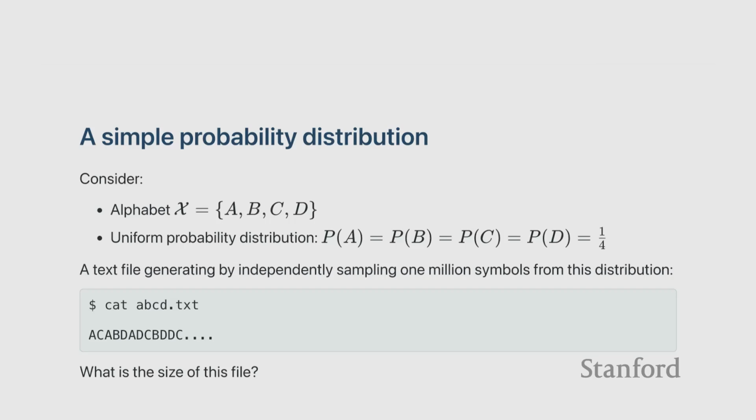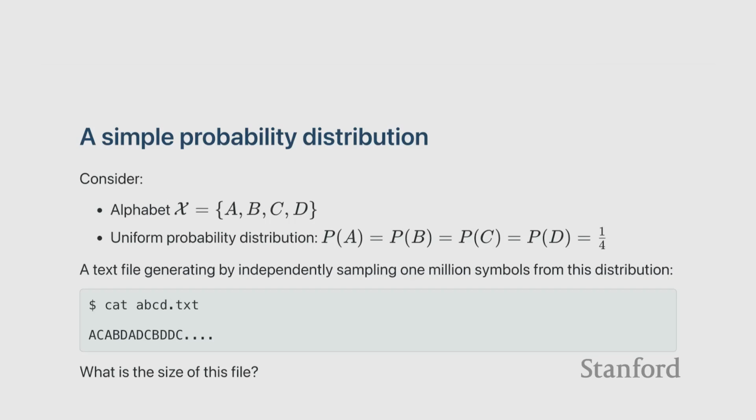So what I do is I create a text file. I just independently sample among these with this uniform distribution. And I get a file, I sample 1 million symbols, right? So as you know from the law of large numbers, what I would see in the file is around 250,000 A's, 250,000 B's, 250,000 C's and so on.